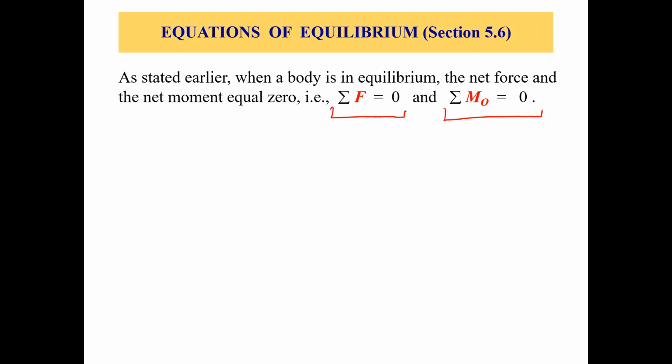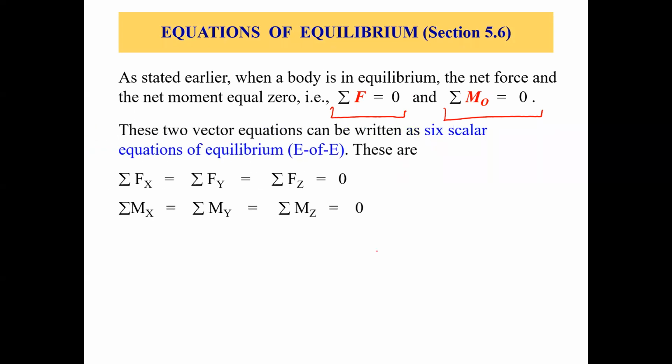But once we are talking about 3D space, so we know we are talking about x, y, z space, right? Then we can take these sigma forces equal 0 into 3 dimensions, as sigma Fx equals 0, sigma Fy equals 0, and sigma Fz equals 0, right?